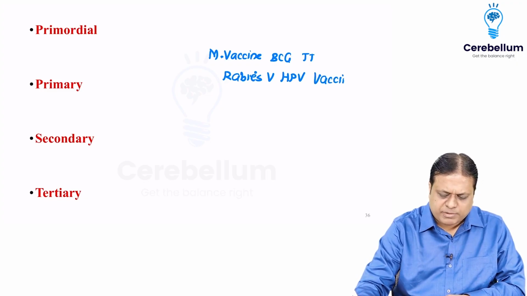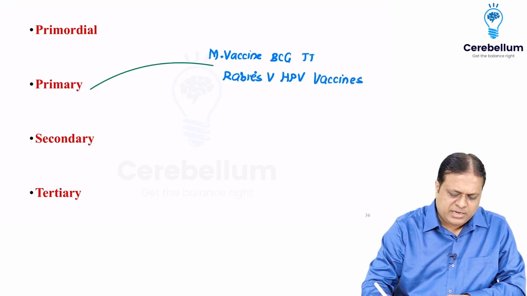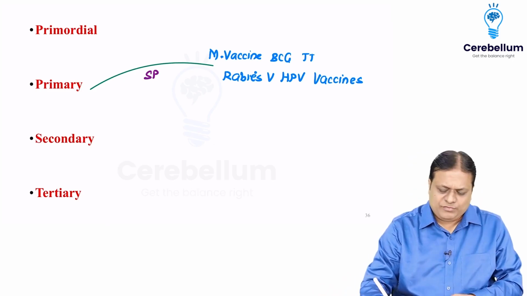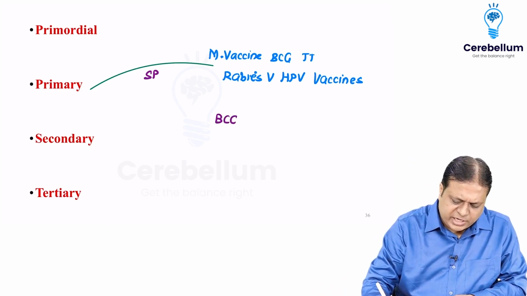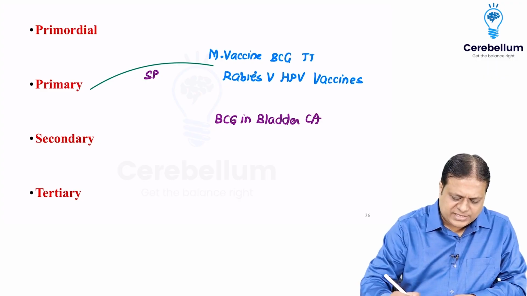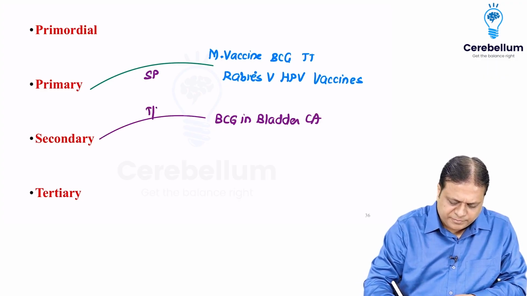So vaccines by default are primary level specific protection. Exception could be BCG when it is used as a treatment modality in bladder carcinoma. Then it would go as secondary level of prevention, treatment.